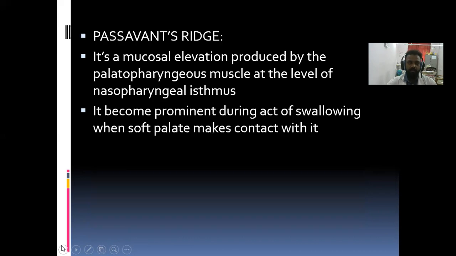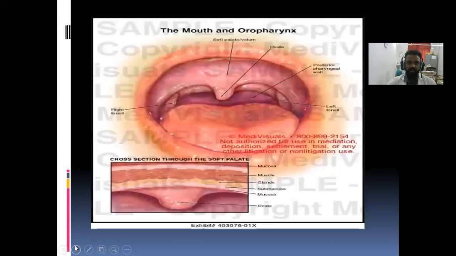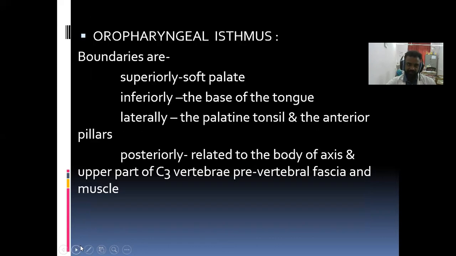This is the picture which shows the oropharynx. You can see anteriorly and posteriorly the pharyngeal wall, the posterior pharyngeal wall, soft palate and uvula, as well as the tonsil and base of the tongue. These are the contents of the oropharynx.